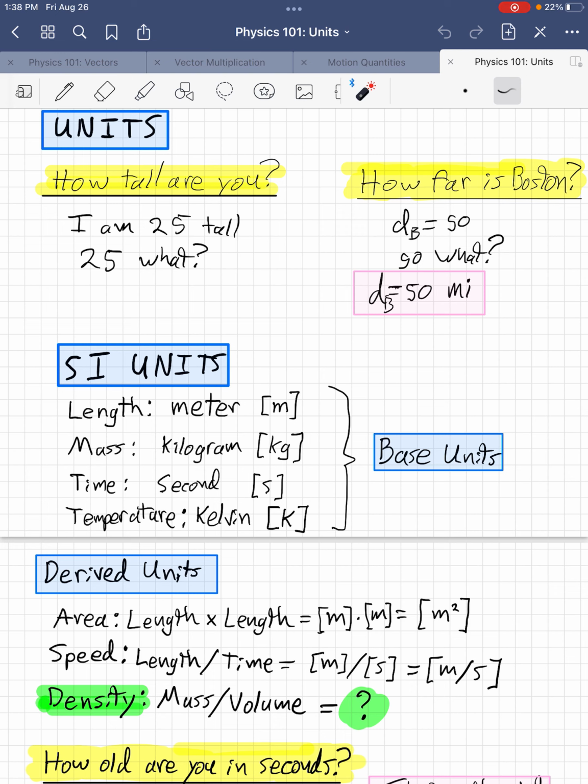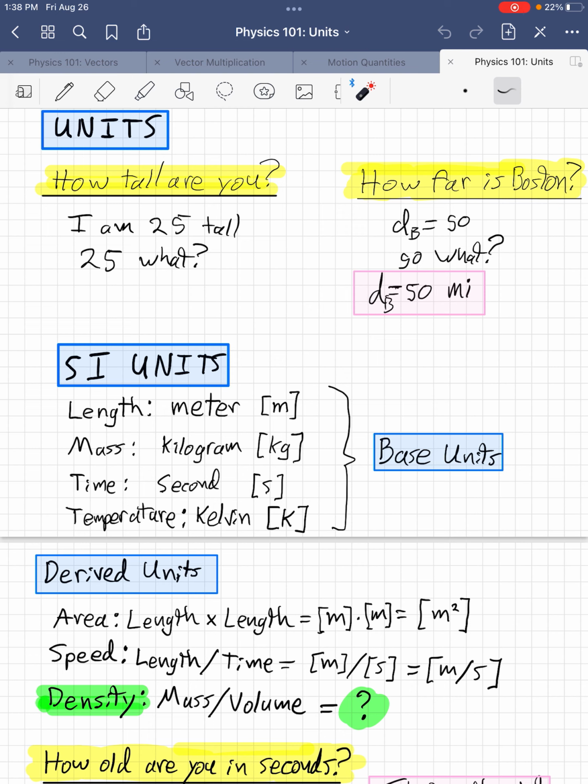It turns out Boston is approximately 50 miles. And miles is actually kind of a weird unit that we're not going to use much because it makes much more sense for us to use meters in this class, and we'll talk about why in just a little bit. But miles is a unit of distance.